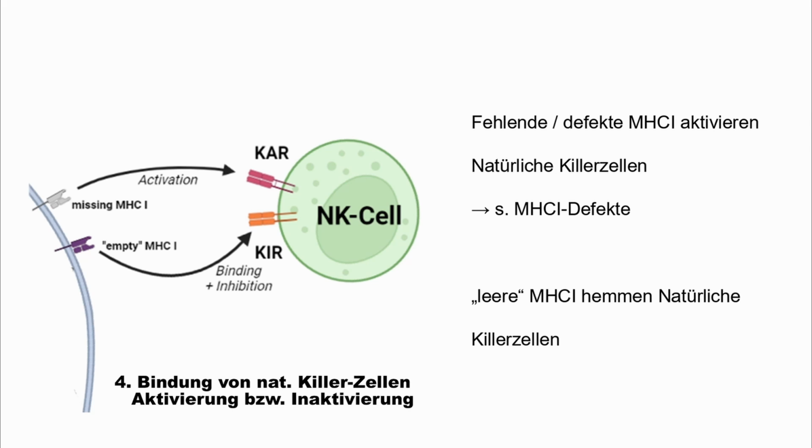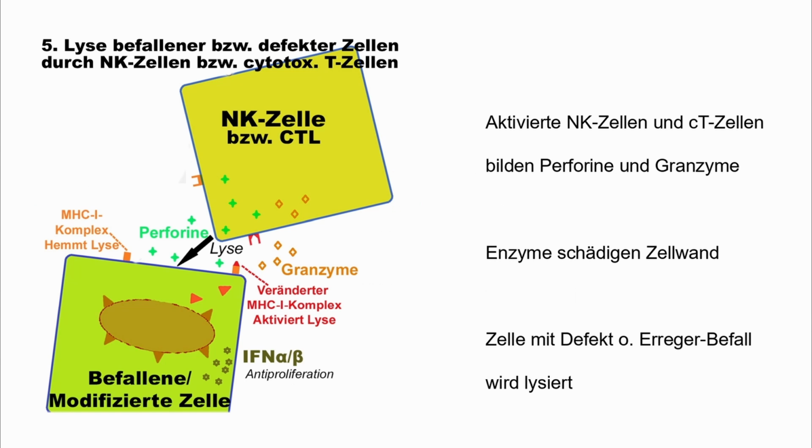Under normal conditions, it may be that no antigens are presented to the outside on the MHC1 molecule, so the MHC1 molecule is empty. In this case, an empty MHC1 molecule inhibits the activity of the natural killer cells and the presenting cell is spared.